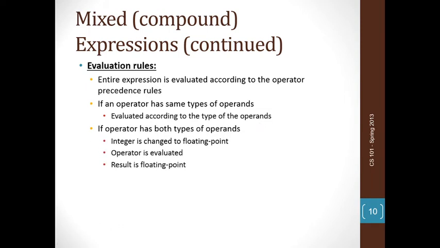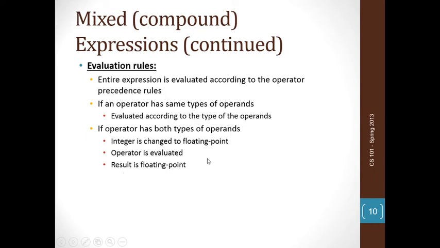If operator has both types of operand, integer is changed to floating point. So if in an expression we have an integer and a floating point number, then the integer is changed to floating point number. Operator is evaluated, result will also be a floating point.